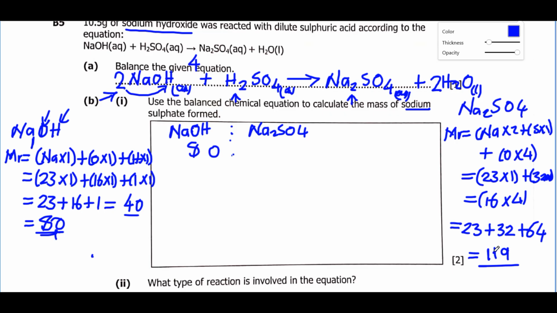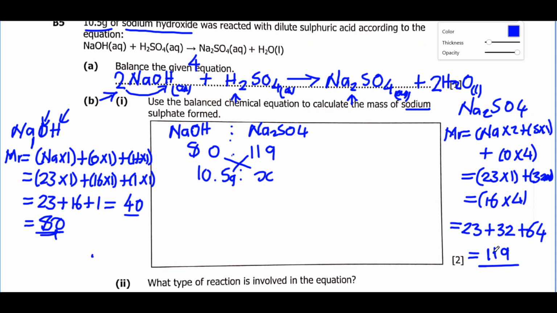The mass for sodium hydroxide is 10.5. So I'm going to write 10.5 on the left side since that's where our sodium hydroxide is. Then the mixture for sodium sulfate is 119. Here I'm going to put X because our target is to solve for the mass of sodium sulfate.